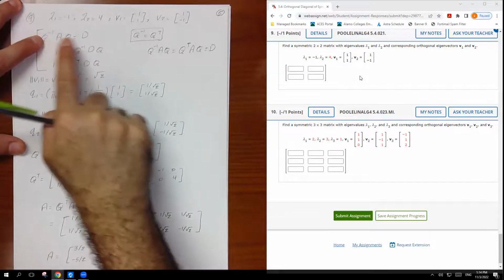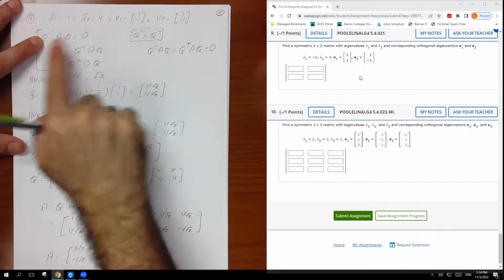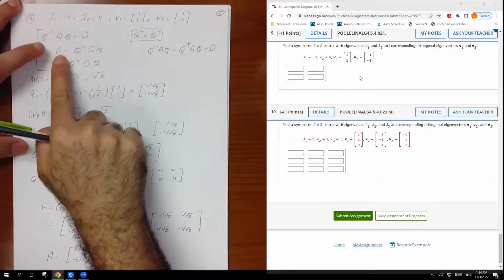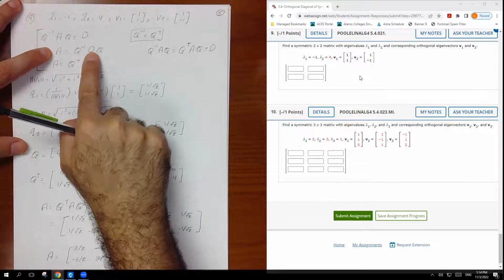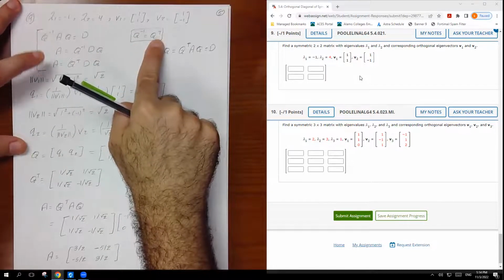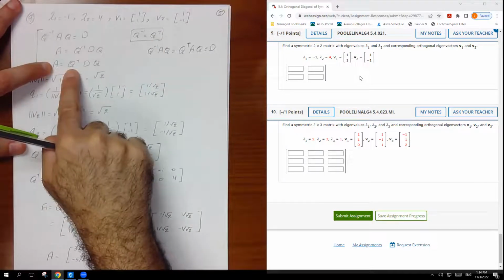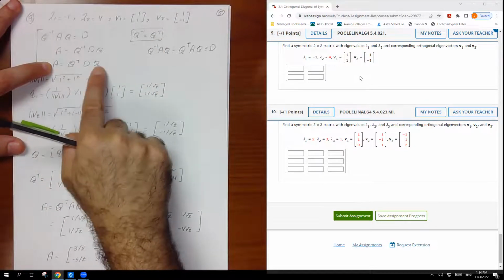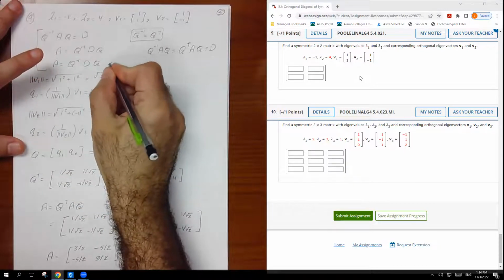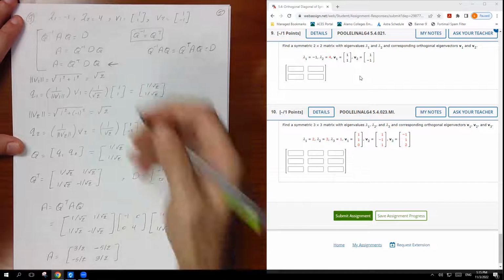If I multiply this one by Q, then multiply by the inverse, we're going to cancel these two. It's going to be A equal Q inverse D Q. Q inverse equals the transpose. That means A equals Q transpose times D times Q. So that's what I'm going to use, because our goal is to find the matrix A.